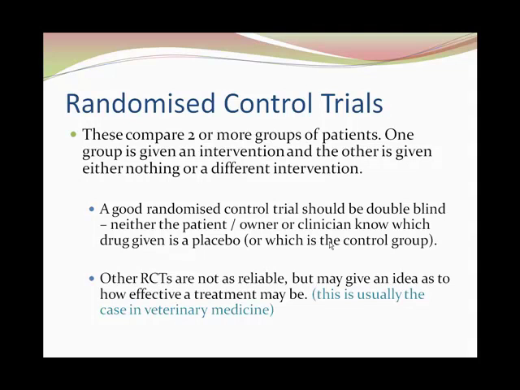Some randomized control trials are published as randomized control trials, but they're not as reliable because they don't fulfill all of the conditions that a blinded randomized control trial demands. So they're published as what they're not.